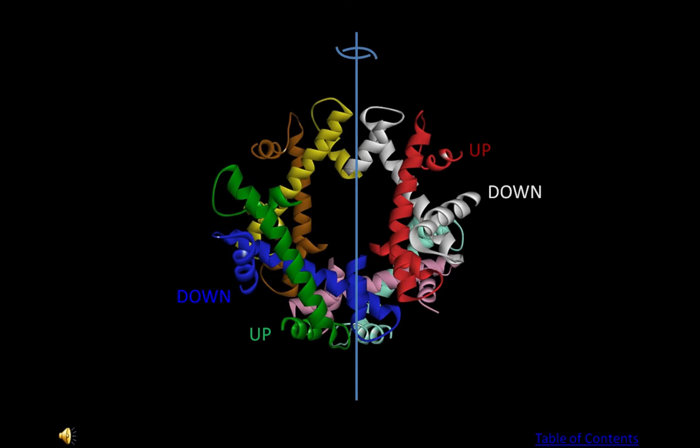Let's look at the up-down orientations of the remaining 2 quadrants, which are easily determined by simply noting the twofold axis between the left and right sides of the complete octamer core, as indicated by the blue axis symbol running down the middle of the slide. As implied by the axis, the orientations of the pair of helix 1 alpha helices in the right lower quadrant, now labeled, are opposite those of the H2A and H2B subunits immediately to the left in the left lower quadrant.